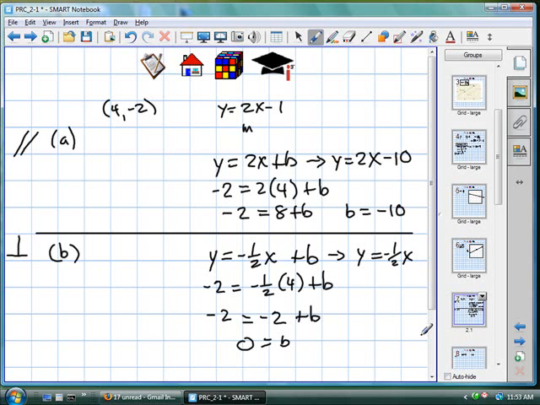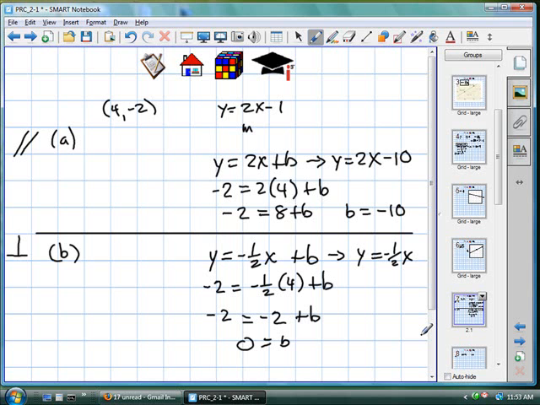Okay. I realized I didn't write a whole lot down here, but part B was supposed to be to take the original equation and find a line that's perpendicular to it. Okay, rule. Slopes of perpendicular lines are negative reciprocals of each other.